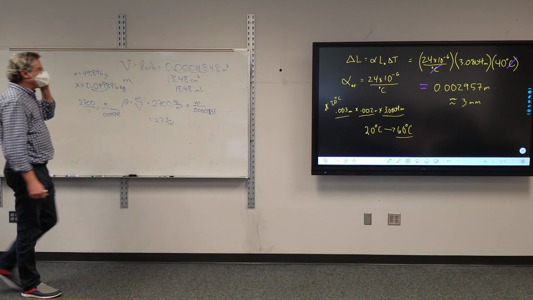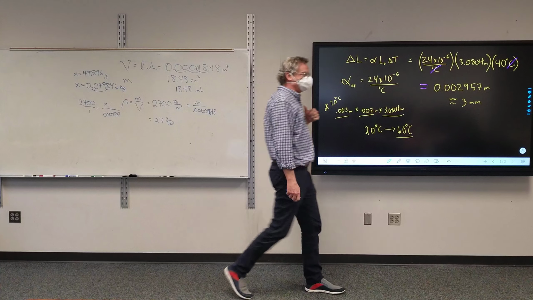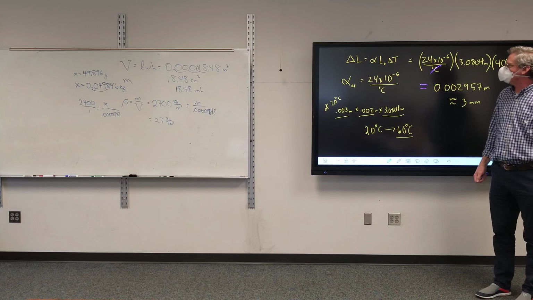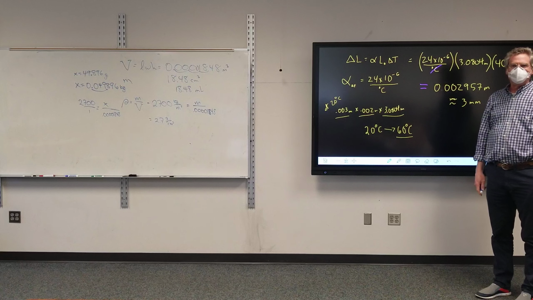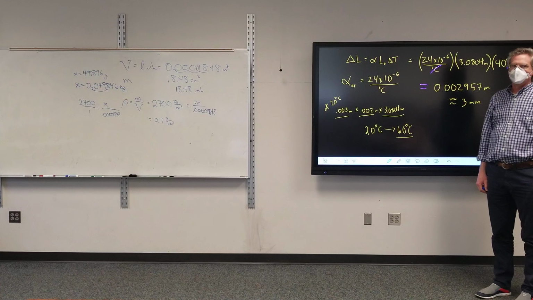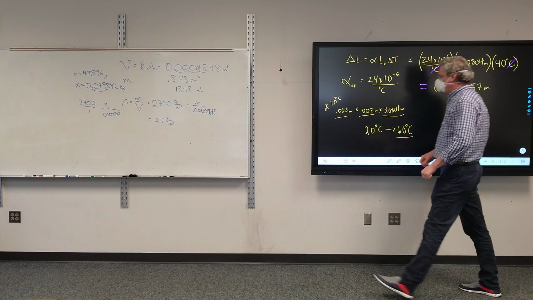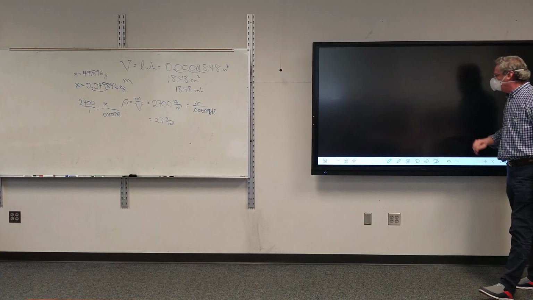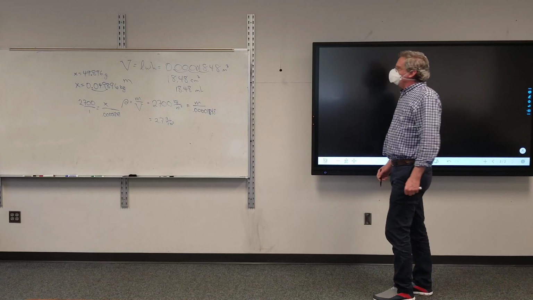Okay, so I have questions here before we look at the other effect, or look at what we need to do in order to actually change the temperature. Okay. So I've changed the temperature.